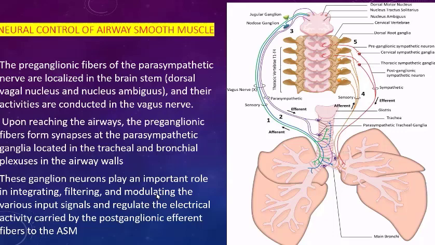The ganglion neurons play an important role in integrating, filtering and modulating the various input signals and regulate the electrical activity carried by the postganglionic efferent fibers to the airway smooth muscles. So the preganglionic fibers originate from the brain stem, and supply the lungs and bronchi, or the airway muscle.